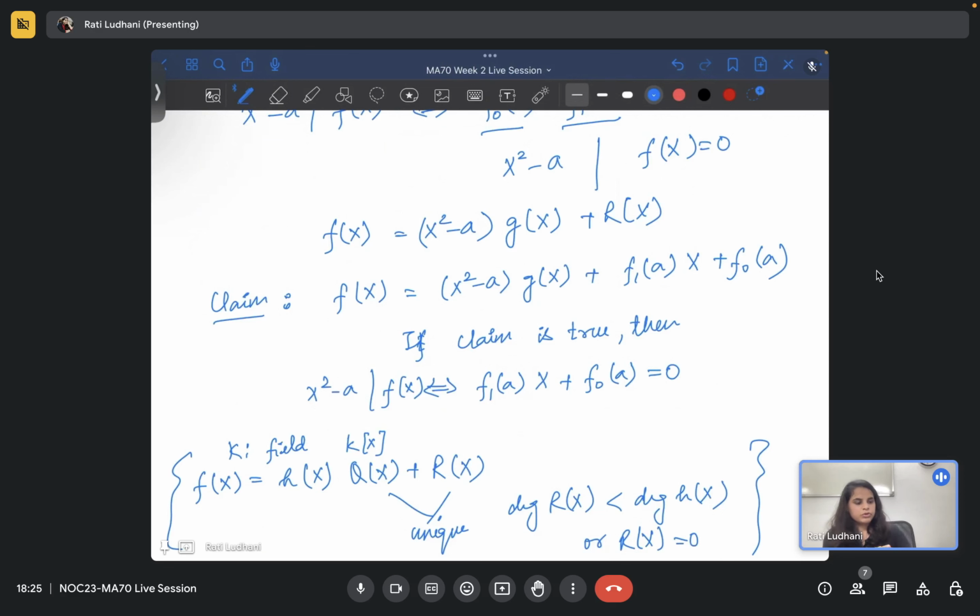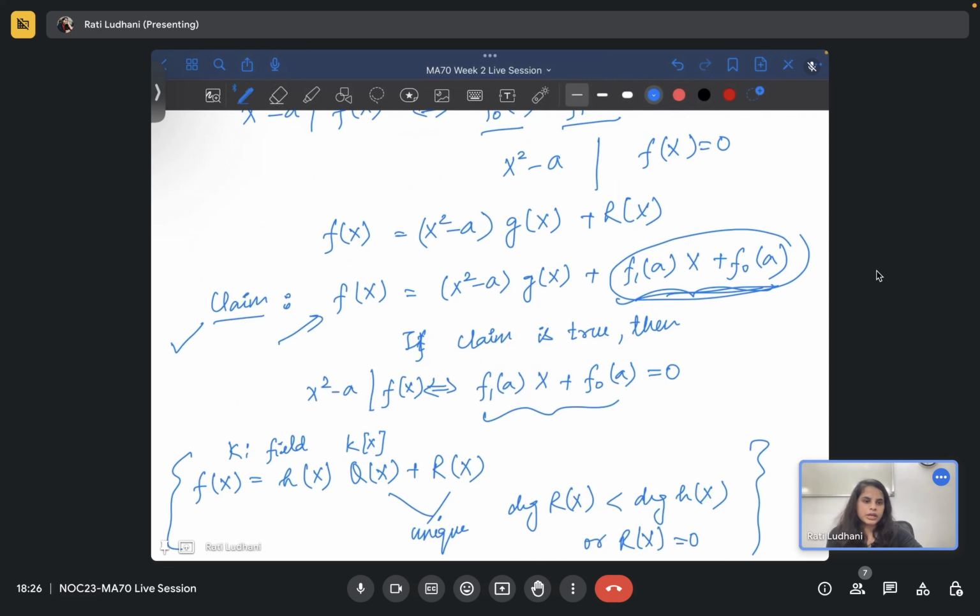So what I'm saying is, if you prove this claim, we get that x square minus a divides f(x) if and only if this remainder is 0. I'm not saying the claim is proved. If I prove this claim, then the remainder part is equal to 0 if and only if x square minus a divides f(x). The degree of this remainder is 1, or it could be 0.